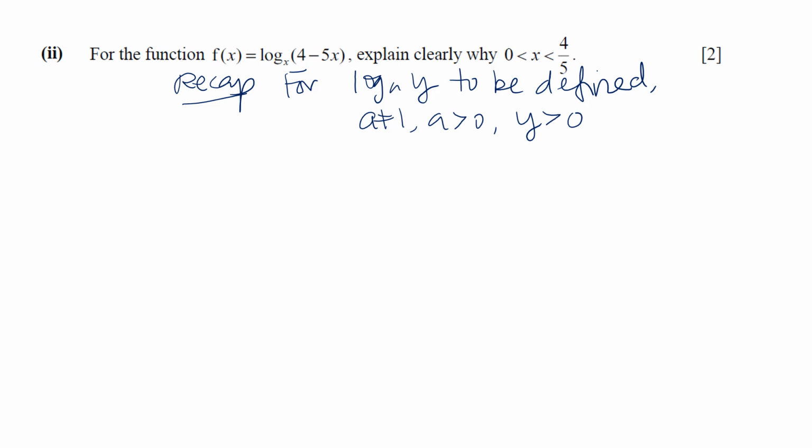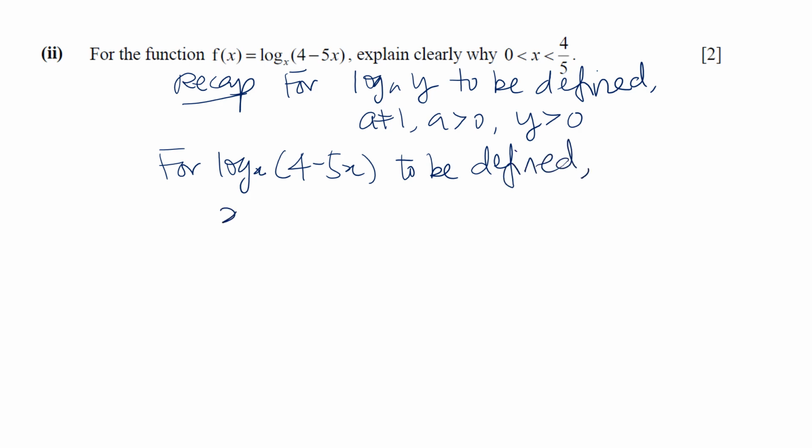So if you look at what we're given, for log x of (4 minus 5x) to be defined, x must be more than 0, x cannot be equal to 1, and also 4 minus 5x must be more than 0. So let's solve it.